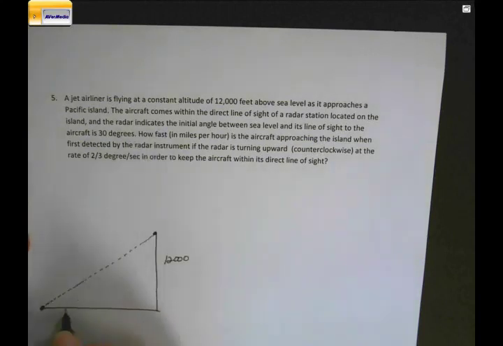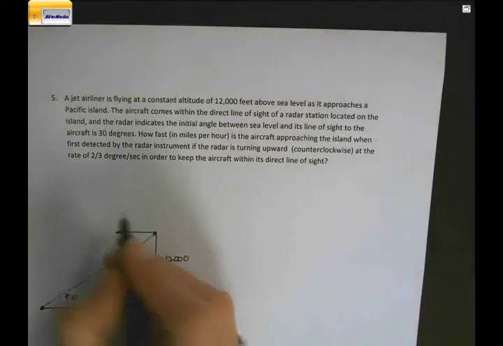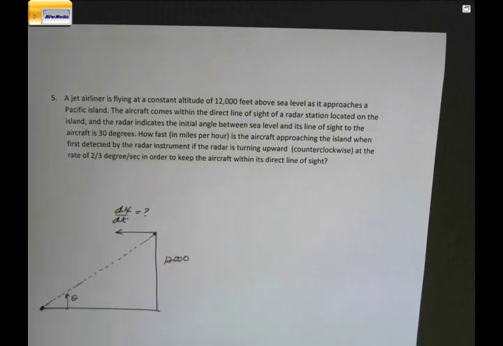So this is like theta. How fast is the aircraft approaching the island? So we want to know how fast this plane is going, which in the horizontal direction is dx dt. That's the question. How fast is the plane approaching the island?